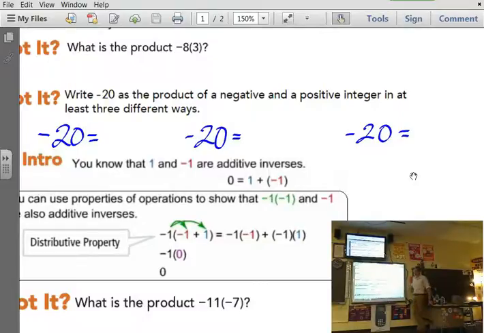Jaheim, help me out. What's one way you wrote this product? So you've got to use one negative and one positive, right? I'm going to put parentheses here for the negative, and it's going to multiply by something. And I'm going to put a little divider here.